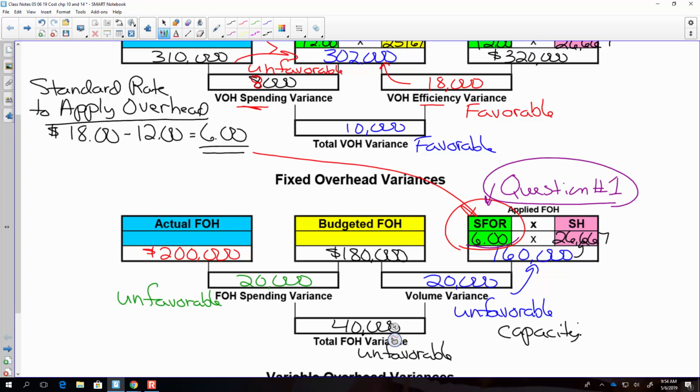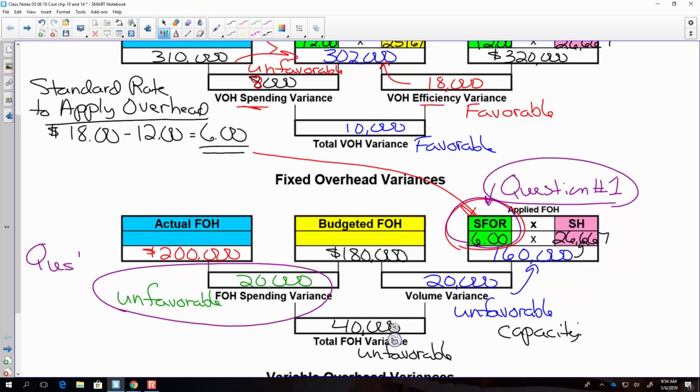Question number 1 is $6. Going on to question 2. Determine the fixed overhead spending variance. 20,000. Unfavorable, right?